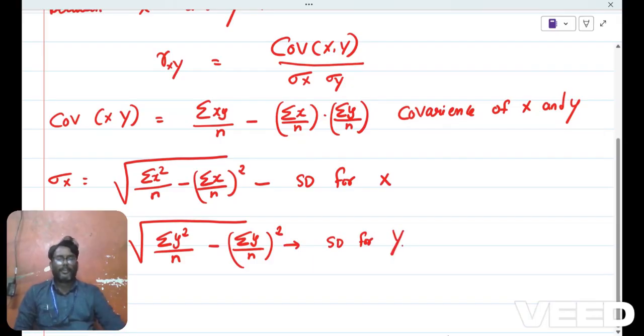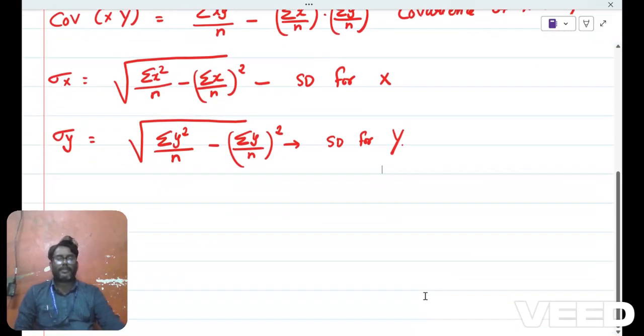Okay. Now we will see a property of correlation coefficient. If x and y values are very large, that is two-digit numbers, it is hard to compute the squares and sum them up. So we can do the shifting and scaling.